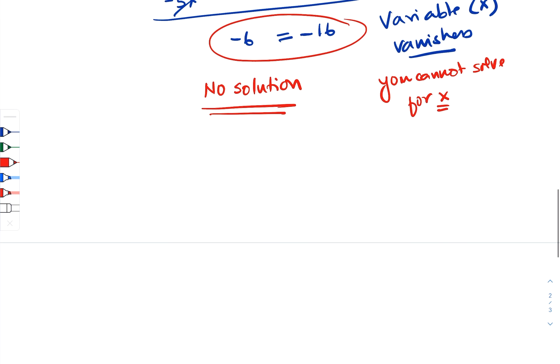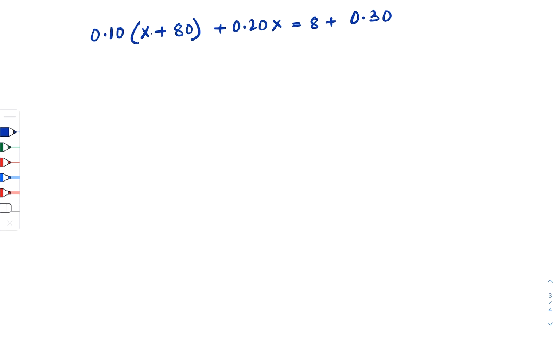All right, let's try one more problem. Okay, so let's say I have 0.10 times x plus 80 plus 0.20x is equal to 8 plus 0.30x, okay?